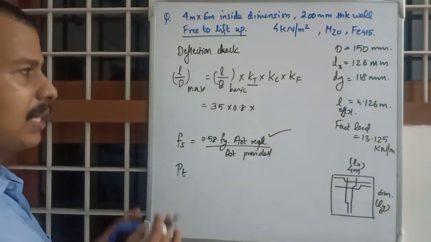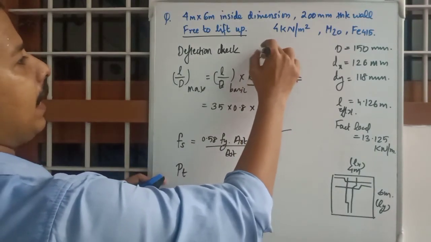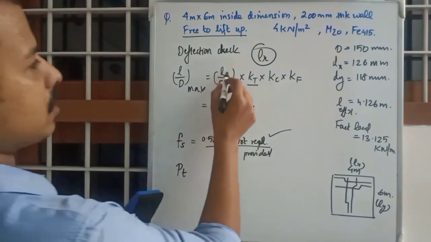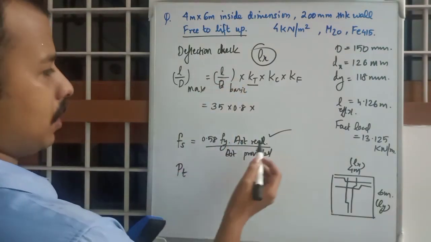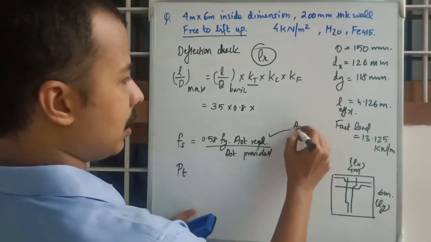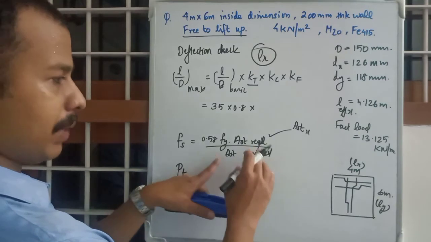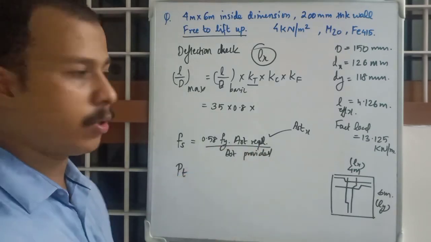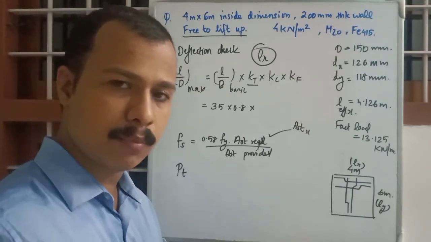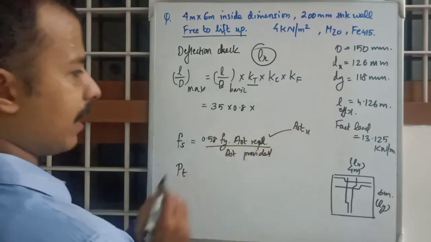In this case we will all be considering Lx direction only. Take note of that. We will be adopting these values as Lx, and we will be taking this Ast value as Ast x value. The Ast provided will be calculated based on the spacing corresponding to this direction, because that is the main reinforcement. It comes at the bottom, as we had decided earlier. So Ast x value we know.